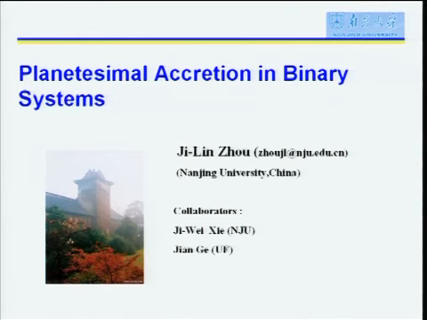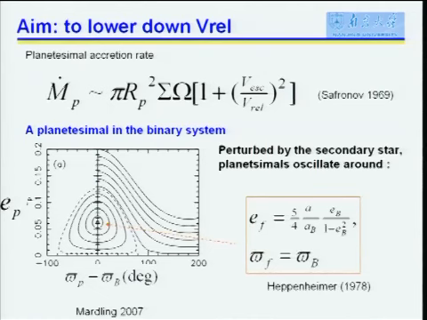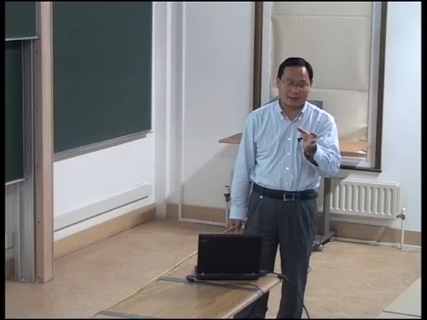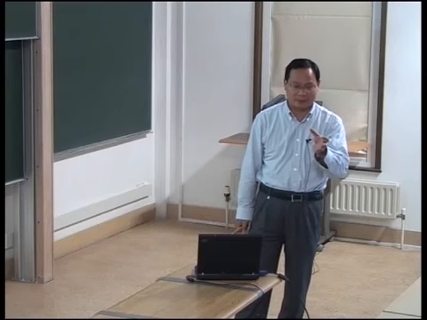My collaborators are Jwei Xie, my PhD student at Nanjing University, and also Jian Ge from the University of Florida. As mentioned by Nader, one of the problems in planetesimal accretion in binaries is that due to the perturbation of a companion star, the eccentricities of the planetesimals are excited.